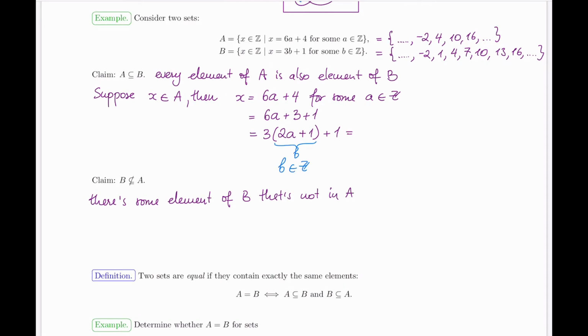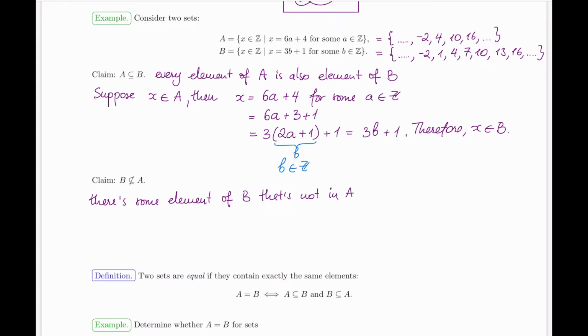Now, I've simply relabeled the things, so I can just rewrite this as 3b plus 1, where b is actually going to be 2a plus 1. Now, of course, this is exactly the form of the elements in B, which means that my ultimate conclusion is that X is actually an element of B.